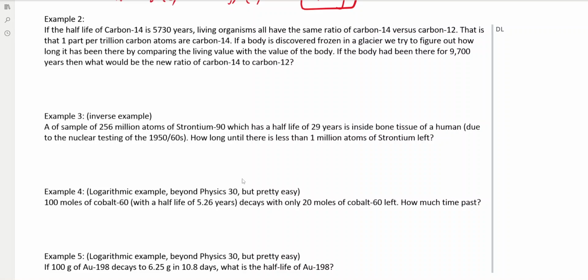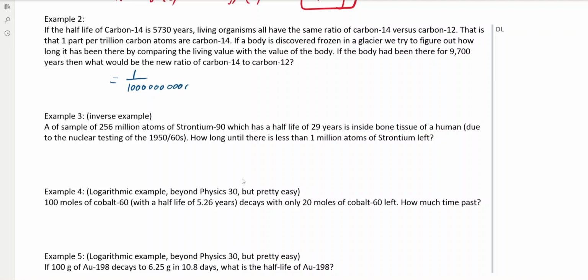So instead of putting in a number, let's put in the ratio.